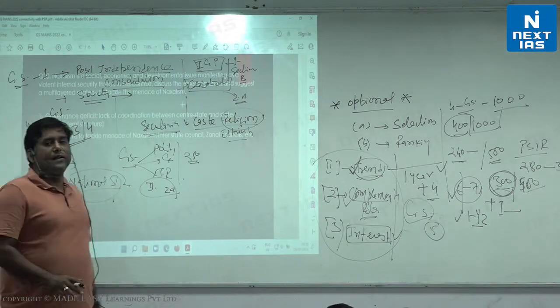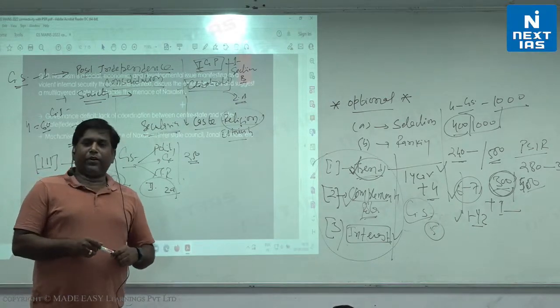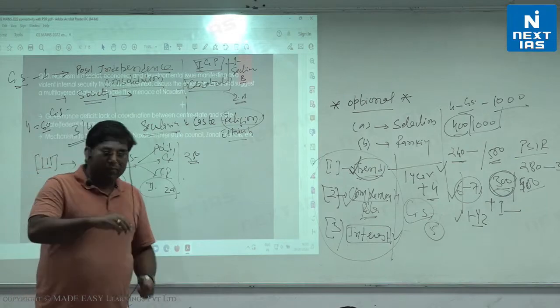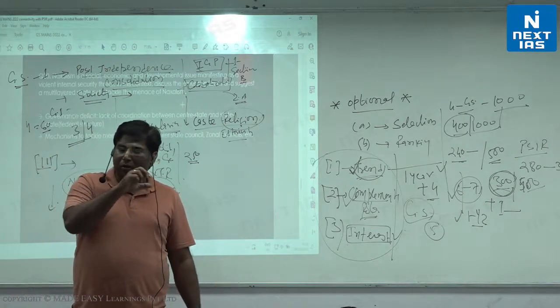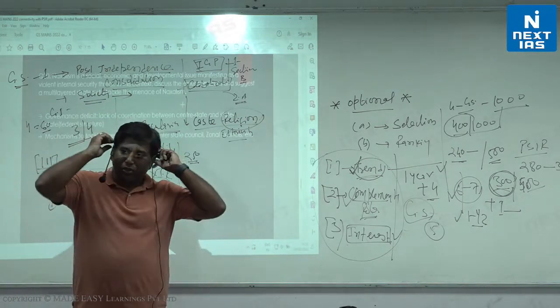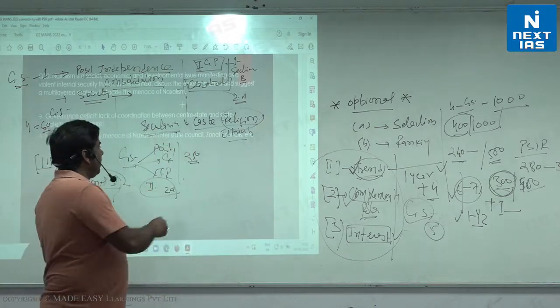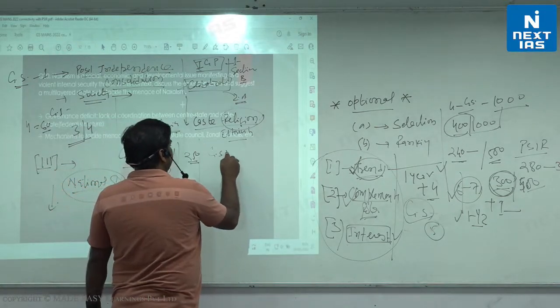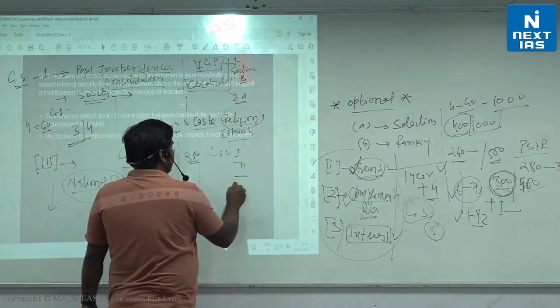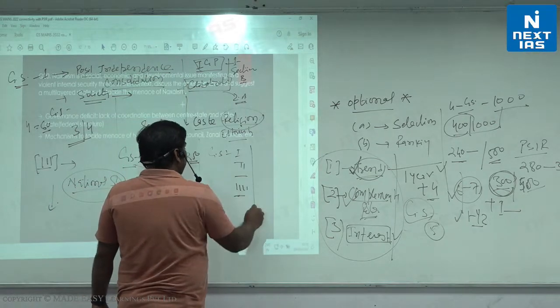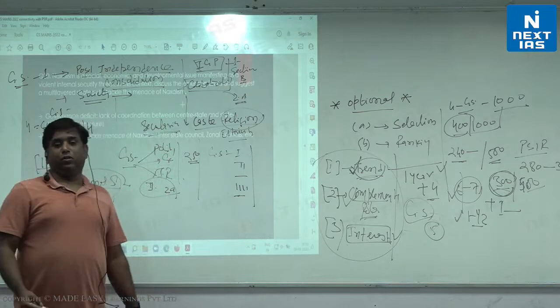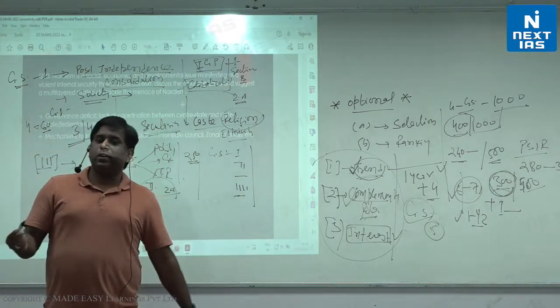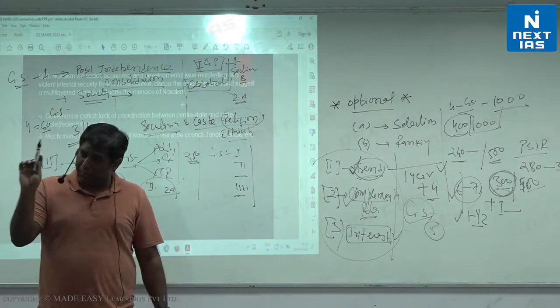So in a nutshell, if someone studies PSIR from a broader perspective, you will find it in GS paper 1, paper 2, paper 3, and even in GS paper 4. At once they had a direct question, Rawls' theory of justice, in paper 4.